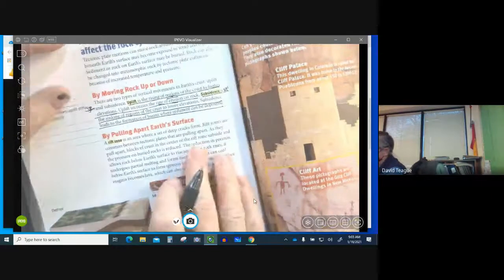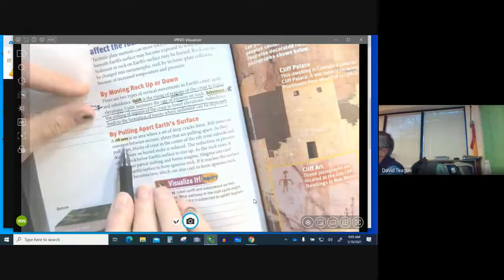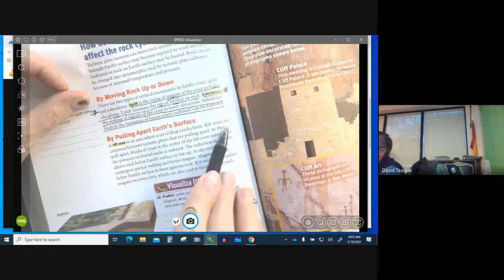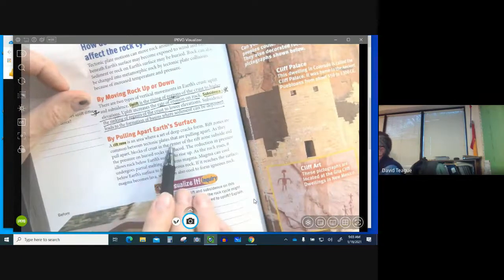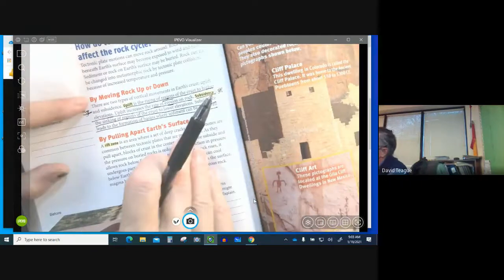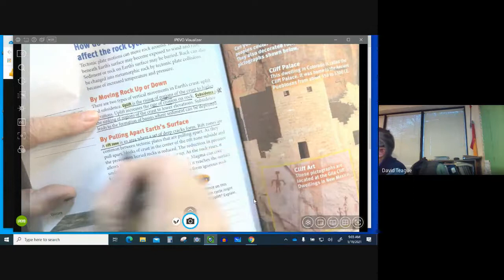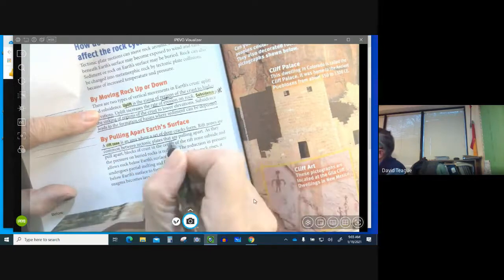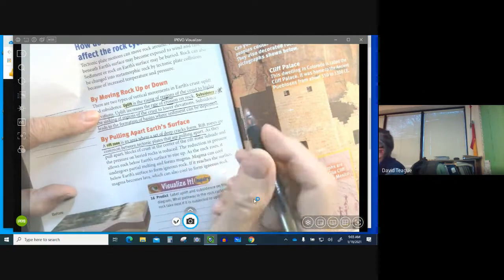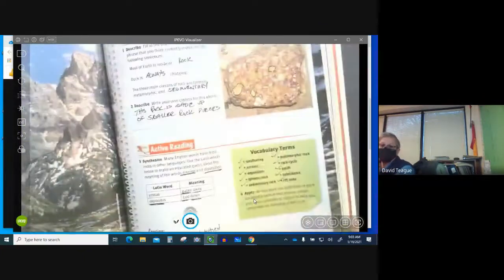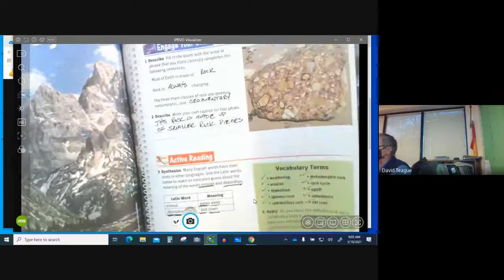Okay, so on the same page, a rift zone is an area where a set of deep cracks form. Rift zones are common between tectonic plates that are pulling apart. So let's underline that. And we'll put a star by that. Okay. So we found all our vocabulary words. Okay. So that should help with your quiz.